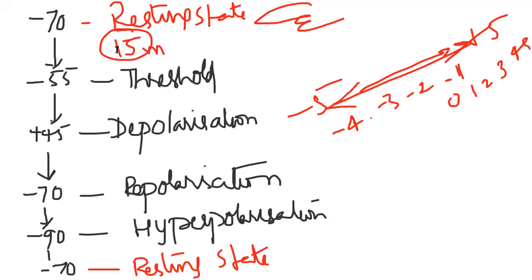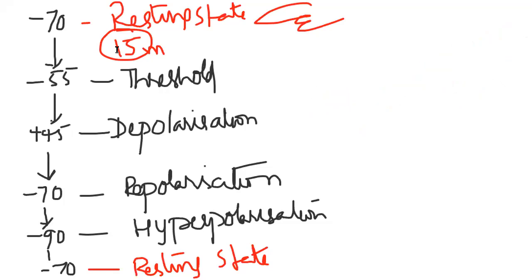You may have learned this in earlier classes, in 10th class, this is basic mathematics. So simply I am saying here 15 millivolts and here 100 millivolts. The total from the resting state to the depolarized state, we say 115 millivolts.